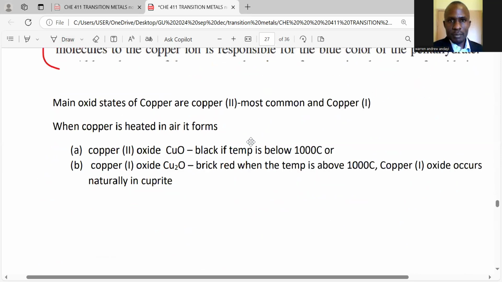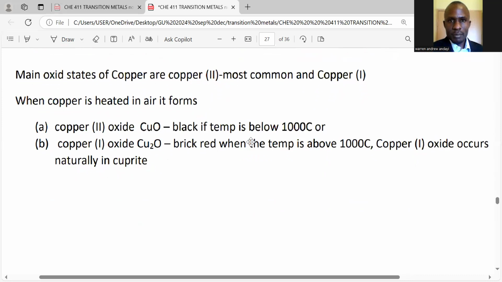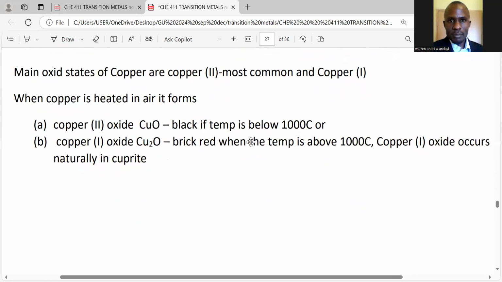The main oxidation state of copper is copper 2, but we also have copper 1. So when copper is heated in air, it forms copper 2 oxide, a black substance, at temperatures below 1,000 degrees. But at temperatures above 1,000 degrees, you form copper 1 oxide, which is brick red. Brick red means it's red in color, almost the way bricks look.